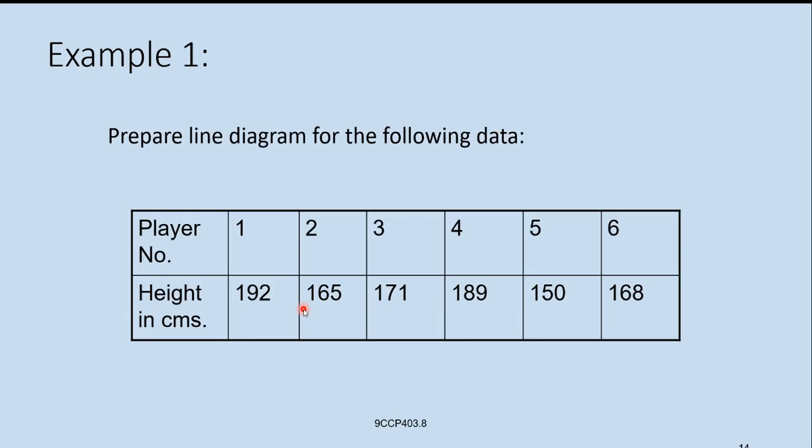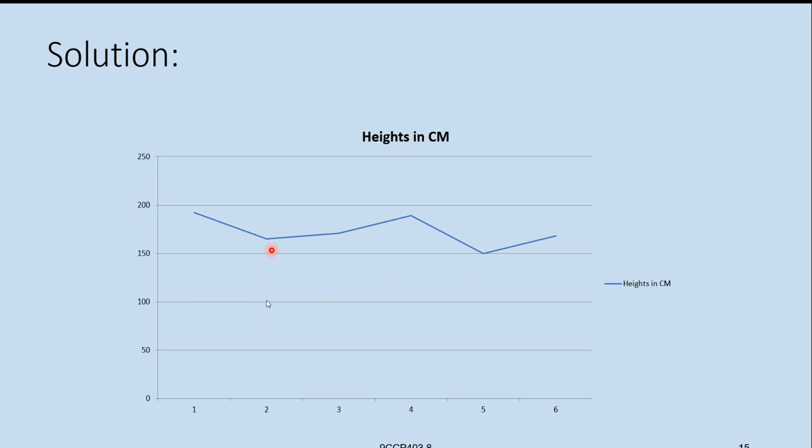The data which we have given, first player 192, is shown here, nearing 200, right? The scale should be correctly measured. On a graph paper, we can easily identify the 192 mark. Normally, a straight line can be drawn like this also, or we can join all the points, which facilitates comparing one point with the other.